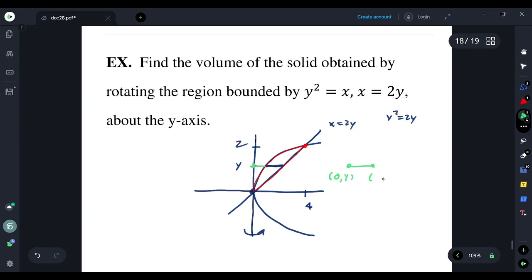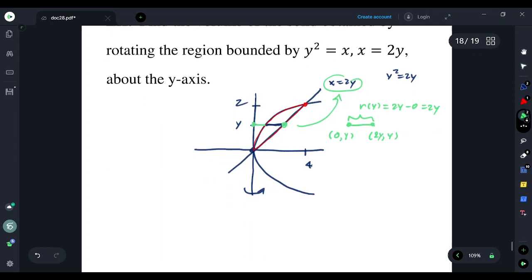The right endpoint is at the same y, but x is 2y, right? Then the small r(y) would be 2y minus 0, which is 2y.